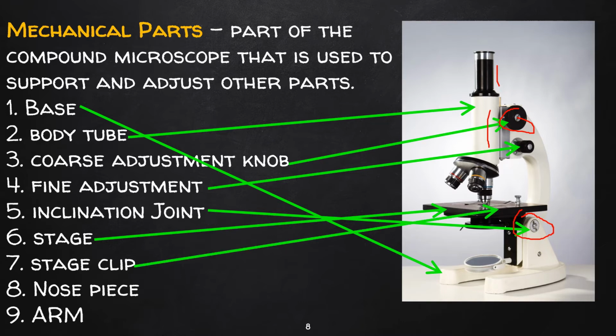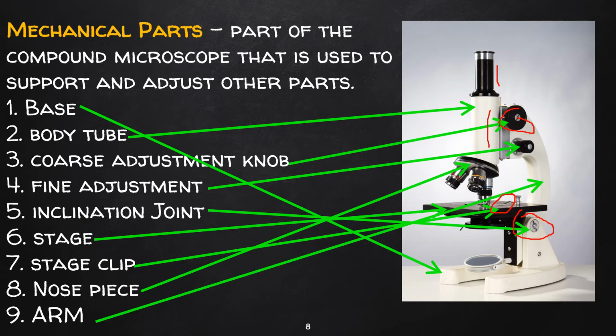Itong mga clip na to, sinisecure niya ngayon yung glass slide para hindi matanggal. And of course, the next one, number 8, would be the nose piece, which houses now the objective. So yung nose piece ay pwede siyang iikot depending kung anong gagamitin mong objective. And the last one would be the arm, which holds, of course, yung upper part at saka yung lower part of the microscope.